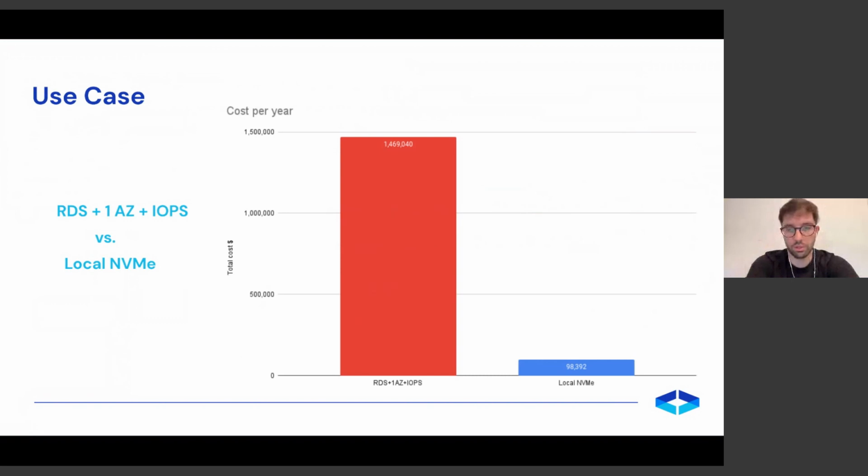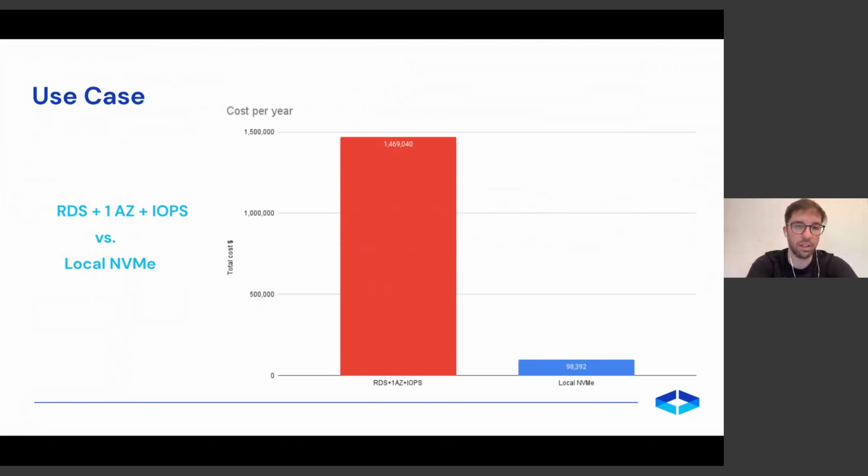A real use case. We did a study, and I oversimplified this massively to keep it simple. We did a study with a customer. It's a large enterprise that works in media, and they have hundreds of databases in RDS. They have Kubernetes clusters. We're talking about maybe 40, 50 RDS instances. And they have an expenditure.